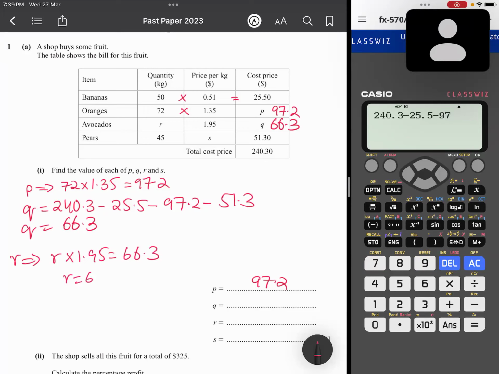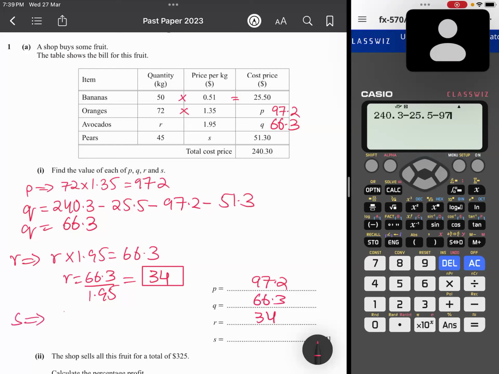So R is equal to 66.3 divided by 1.95. So what is the answer for R? 34. Okay, R is 34. Q is 66.3.